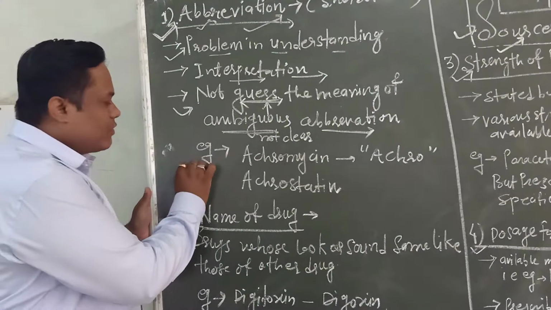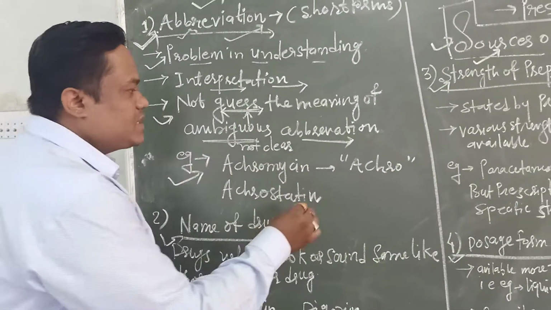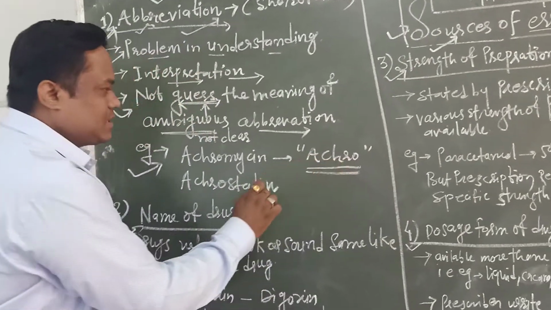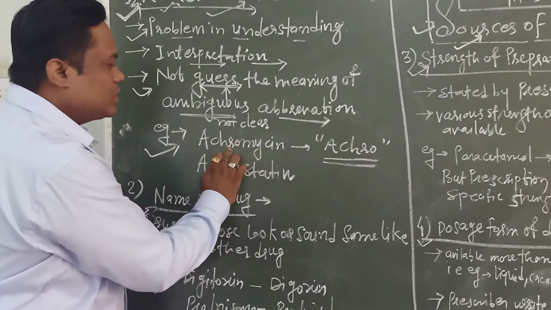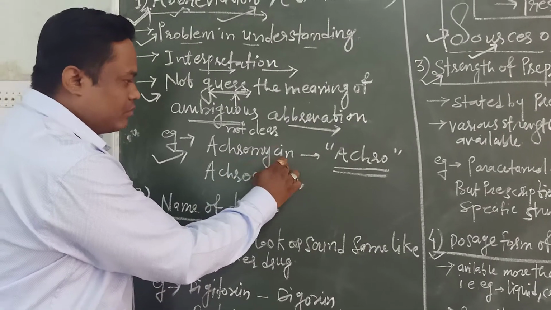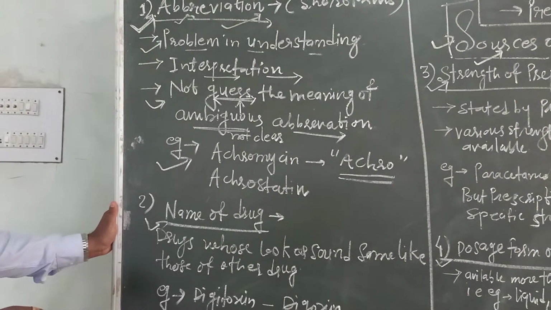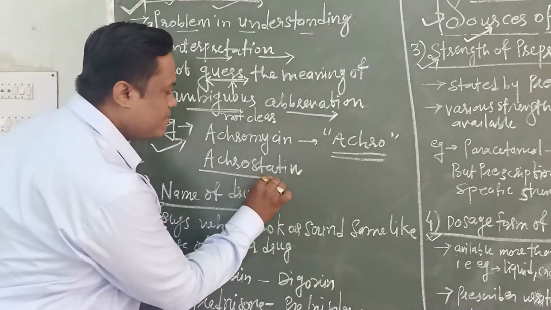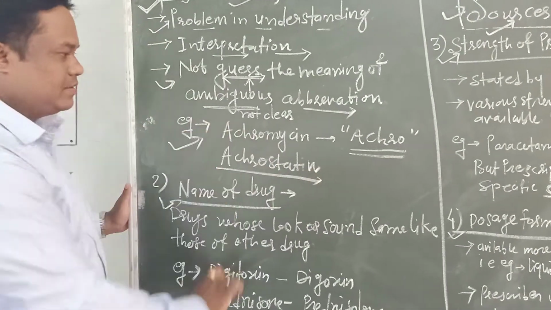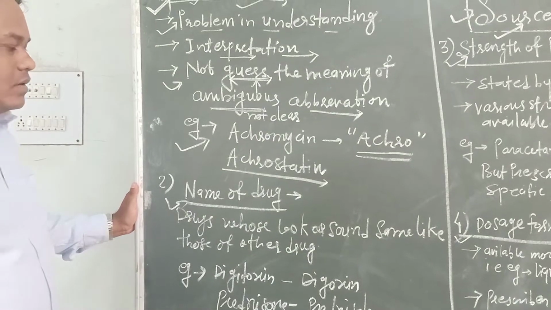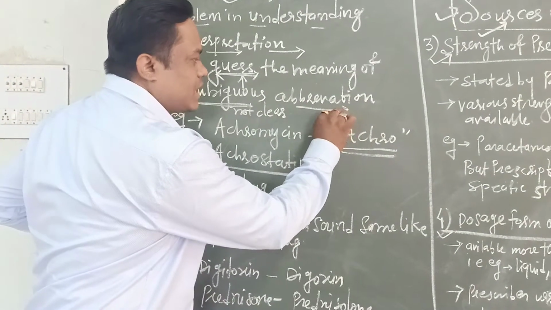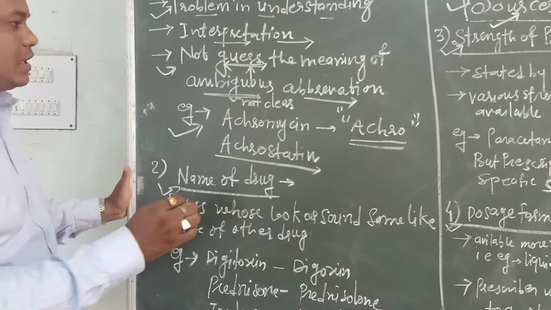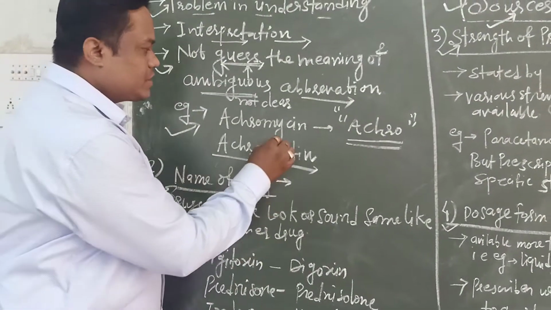We take one example. This is an abbreviated term, ACRO, which is an abbreviation for the drug acromycin. But in the prescription, the intention of the prescriber was to prescribe acrostatin, but the prescriber wrote the word ACRO. Then it is confusing to the pharmacist.